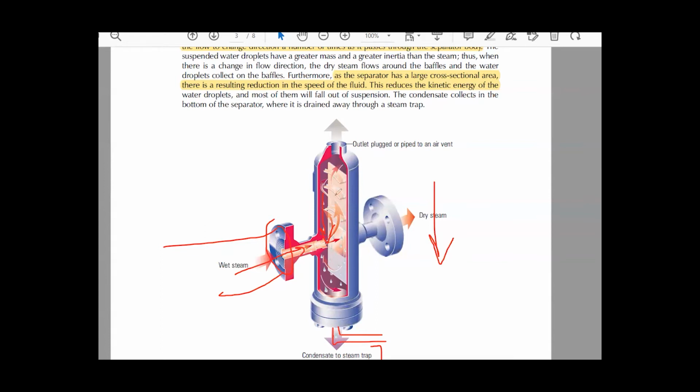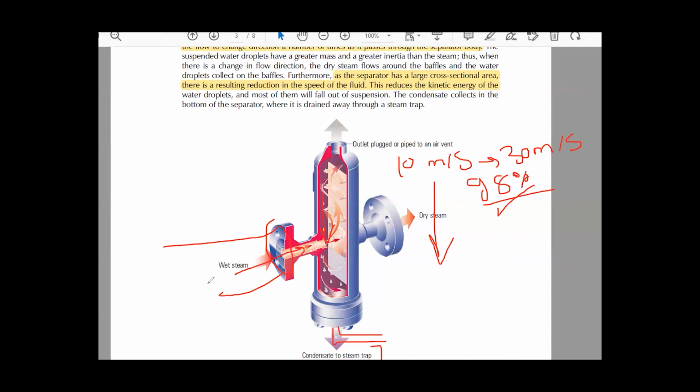These baffle plates are very efficient for steam velocities from 10 meters per second to 30 meters per second. The efficiency of the separator is 98%. So this is a very good efficiency.